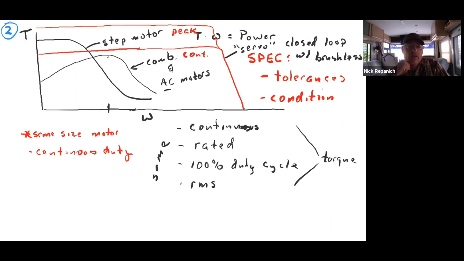So if they're actually calling out continuous duty, maybe they've got other ones in their line that are not continuous duty and have a limitation on the duty cycle. Usually it's related to heat. In general, continuous duty has to do with how hard you can push it for what period of time before it creates too much internal heat that it can't dissipate.